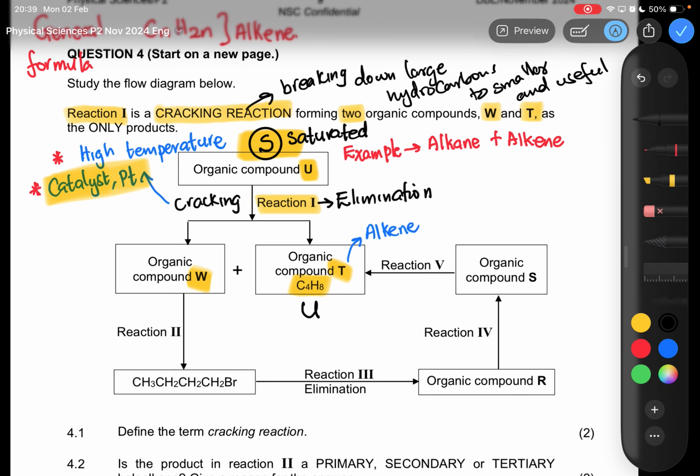So we have identified the alkene part. Therefore, W is then an alkane. This one qualifies to be an alkane. So since it is an alkane, this compound is saturated.